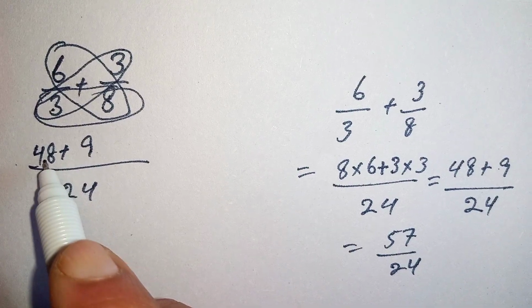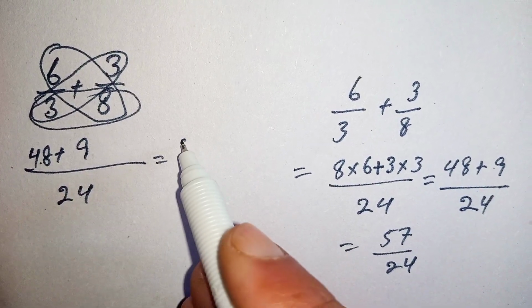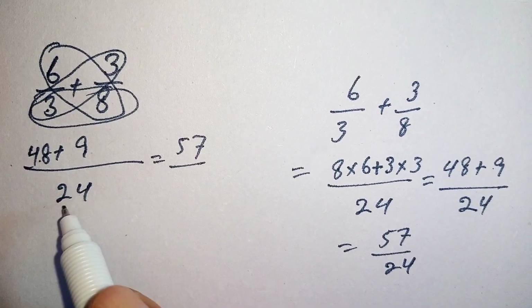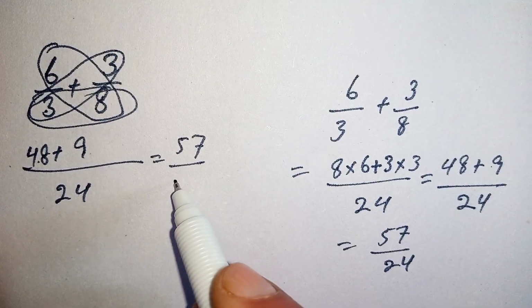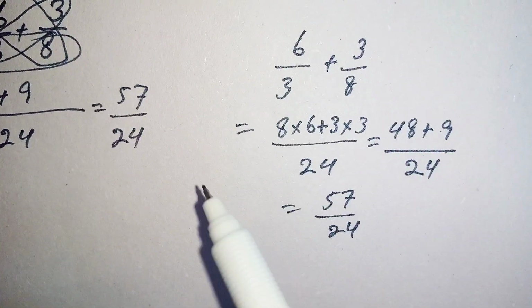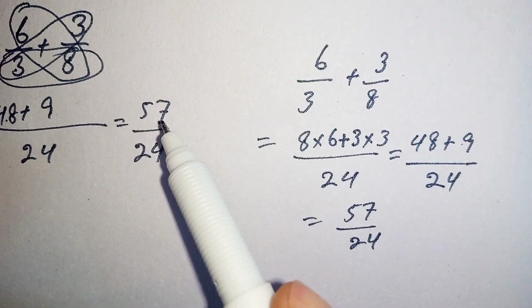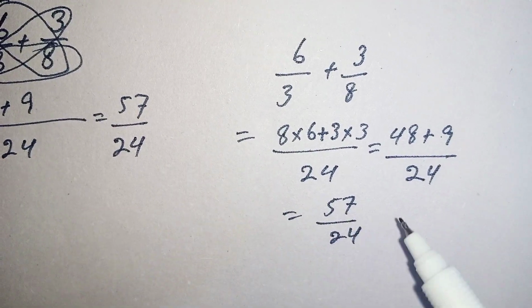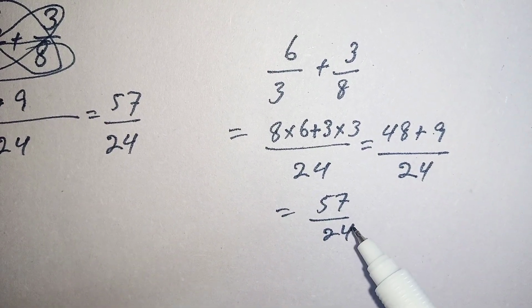Now 48 plus 9 is equal to 57, and we write the denominator the same, which is 24. So here we see that the answer is 57 over 24, and here the answer is 57 over 24.